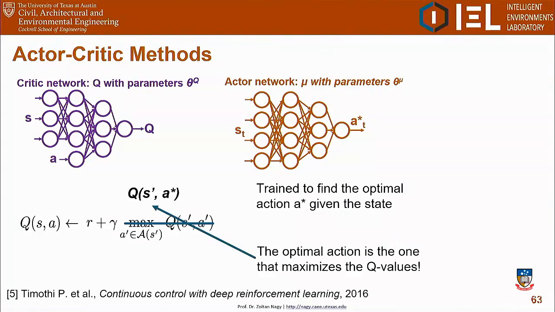So we can just take the action of the actor network for a given state, input this state and this action into the critic network, obtain this Q value, and use it for the update. With this new Q value, we go to the critic network and update it by retraining. So we can update both networks, one with the other.